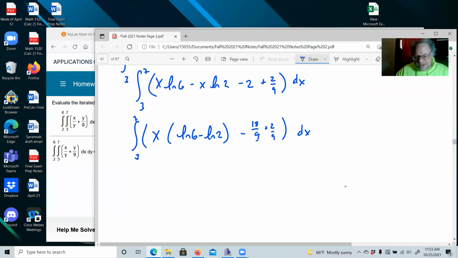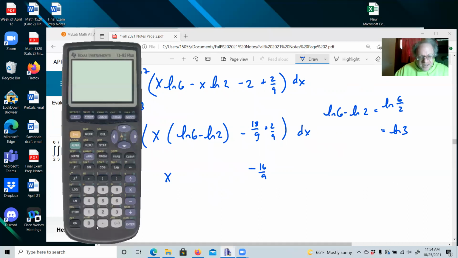So this part here is going to be minus 16 ninths, right? Because negative 18 plus 2. All right, this is an x. Do you guys remember your rules of logarithms? Of course you do. So ln of 6 over 2 is equal to ln of 6 minus ln of 2. So this is really ln of 3. So let's check.